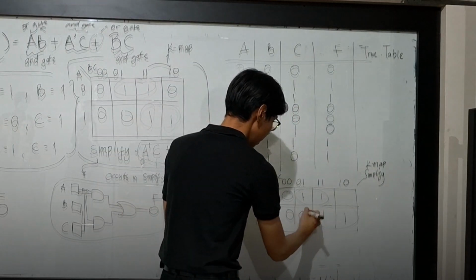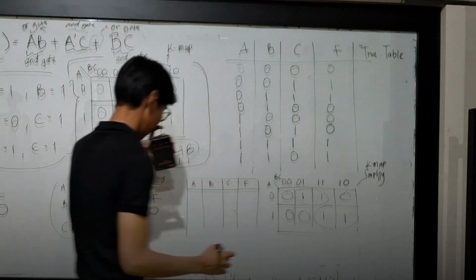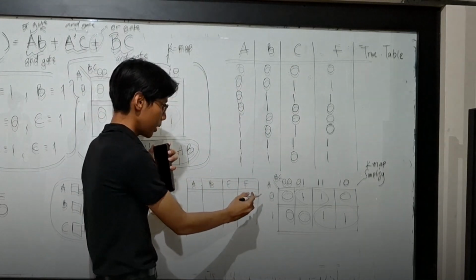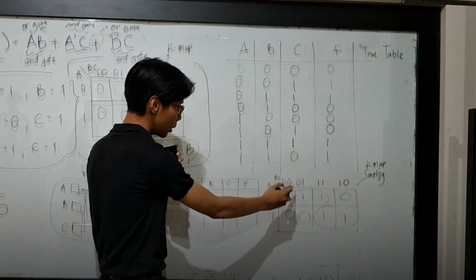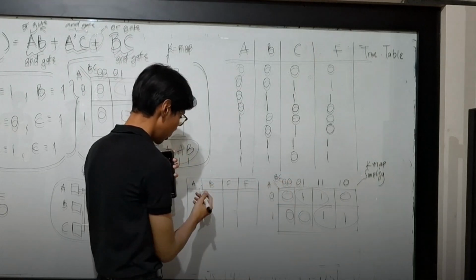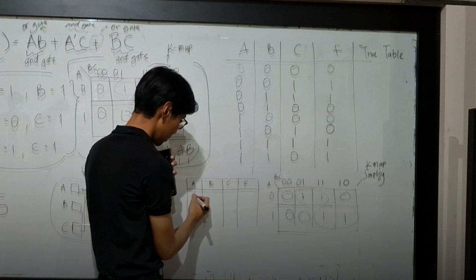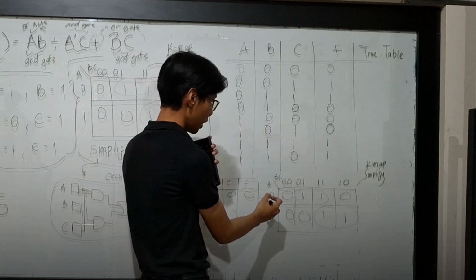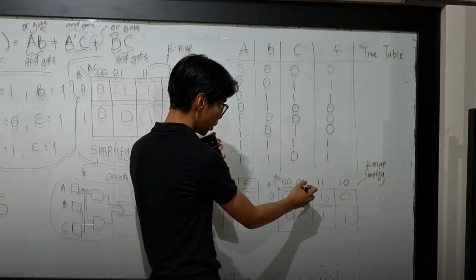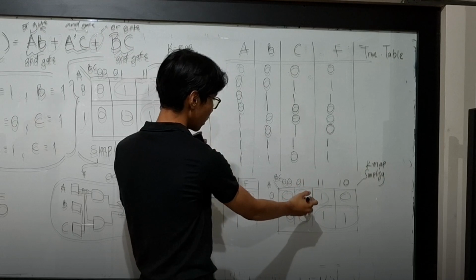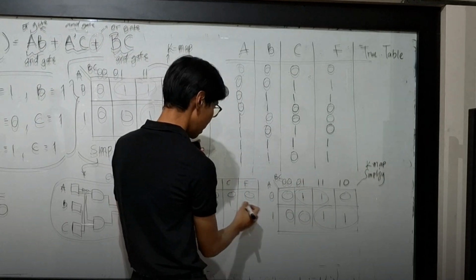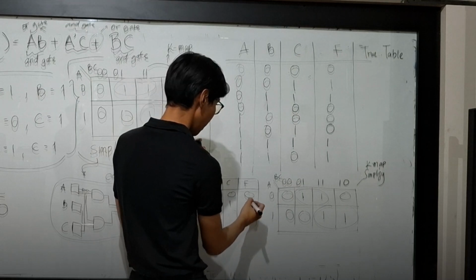0, 0, 0, 0. A0, B0 and C0, output is 0. And correct, 0. Okay, A0, B0 and C1, output is 1. 0, 0, 1, 1.